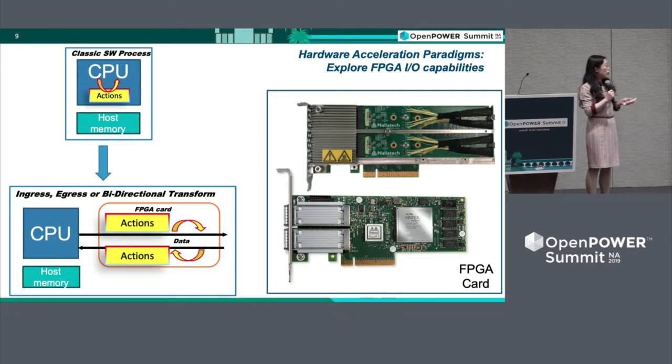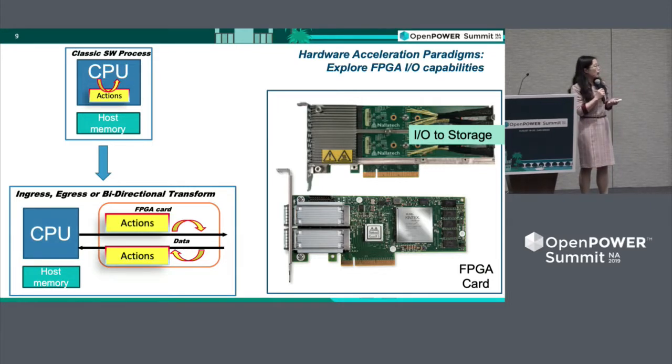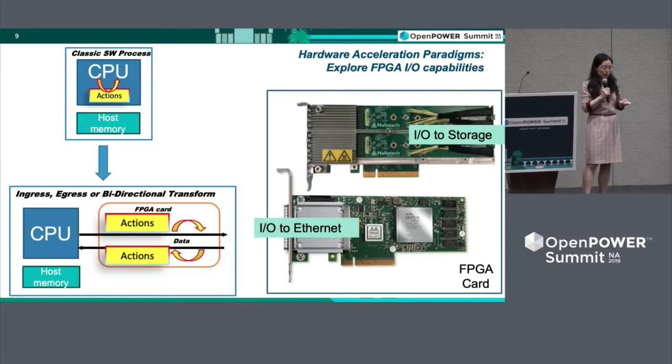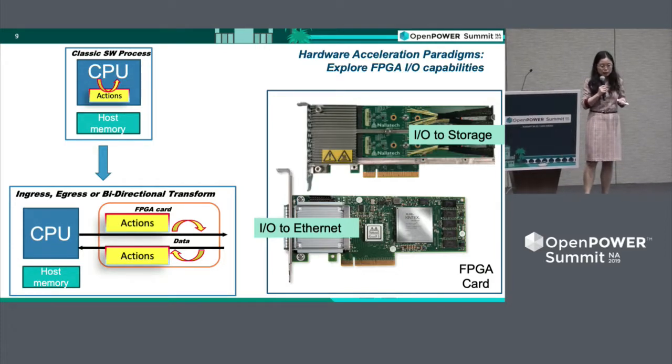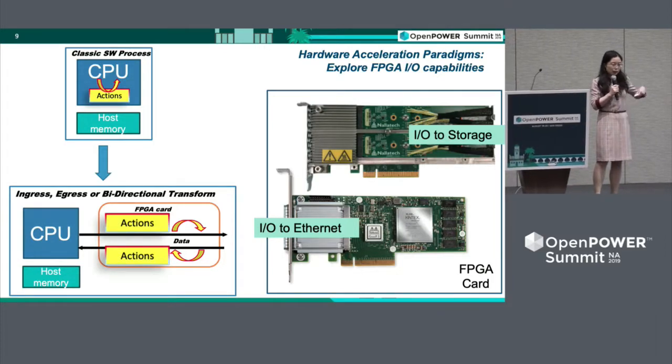So for example, this is the NVMe connection to the hard disk or the storage, and the picture below is the connection to Ethernet. So for different FPGA cards, you can have different connections.